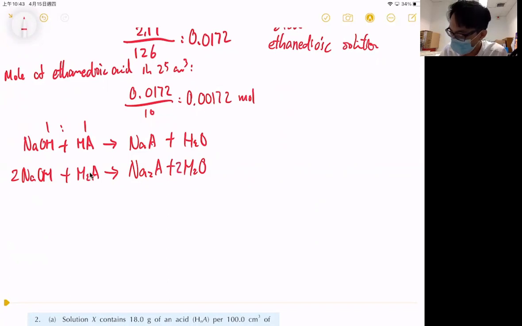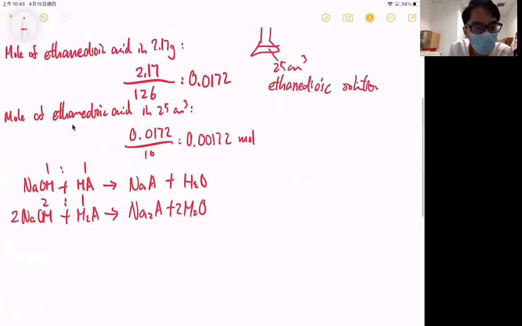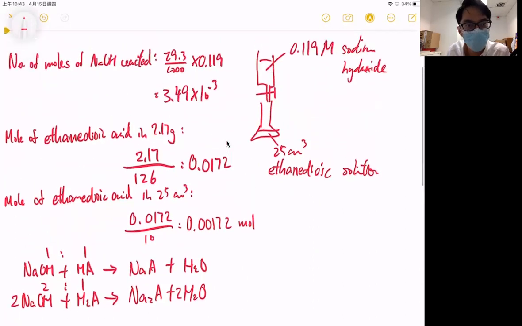So what I want to stress is that now the number of moles of ethanedioic acid is 0.00172, and the number of moles of sodium hydroxide is 3.49 times 10 to the power of -3. So the difference between these two numbers of moles will determine the basicity of the acid.